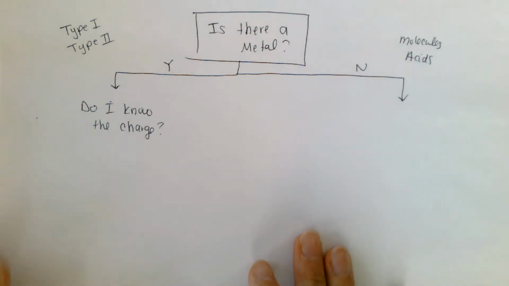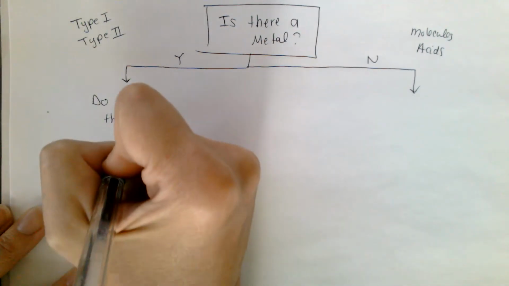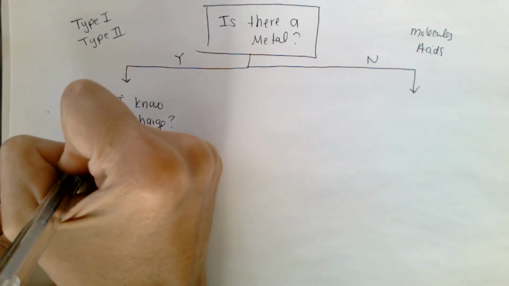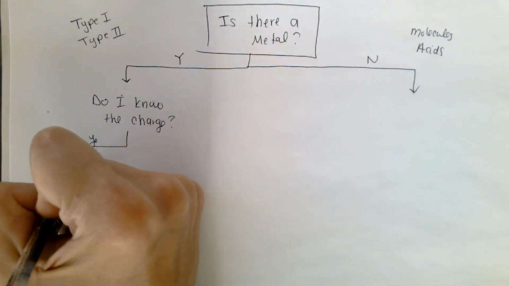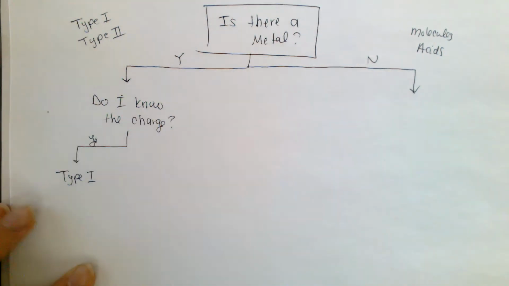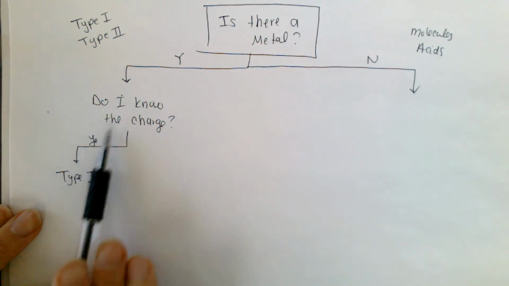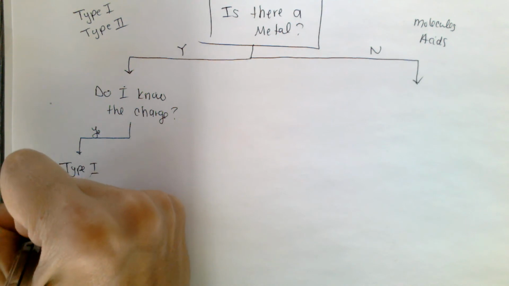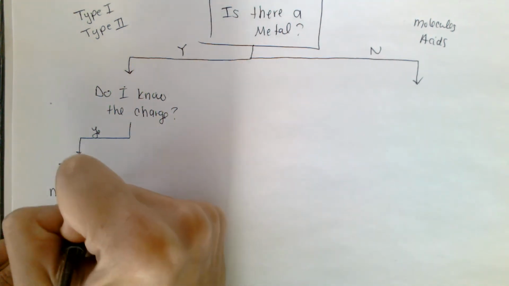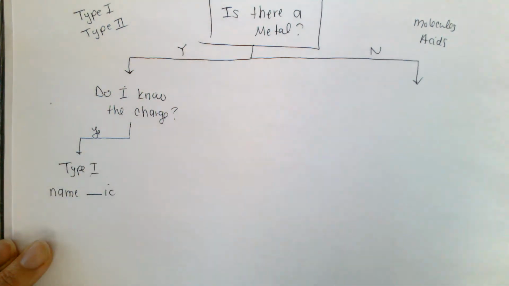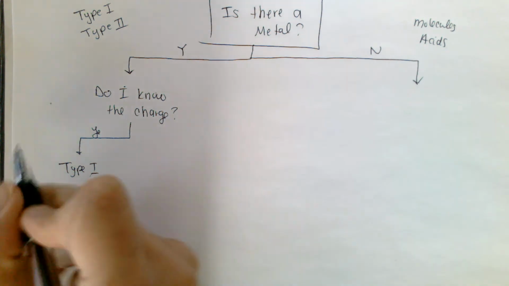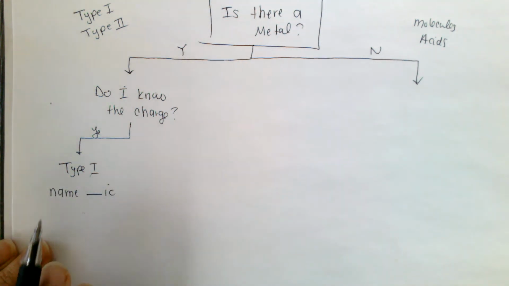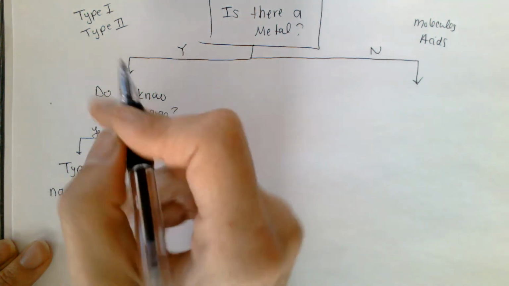So do you know the charge of the metal? If your answer is yes, we have type 1, where it's just the name and then blank-ic, or the polyatomic ion right there.